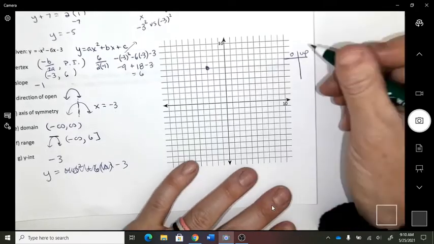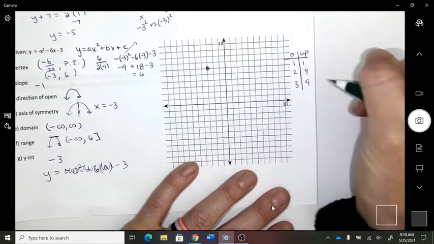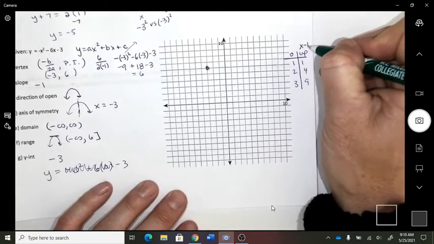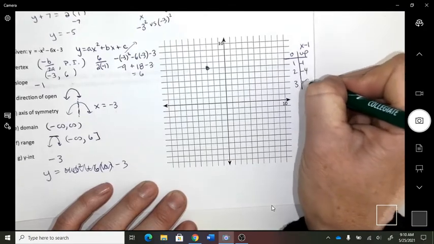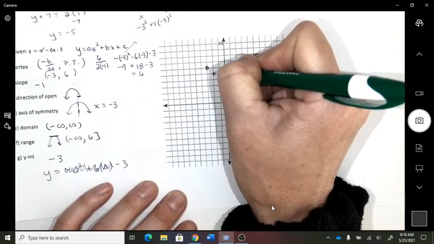Okay, so now 1, 1, 2, 4, 3, 9 is normal. We're not quite normal. We have to multiply by negative 1. So then you're going to go 1 over 1 down.